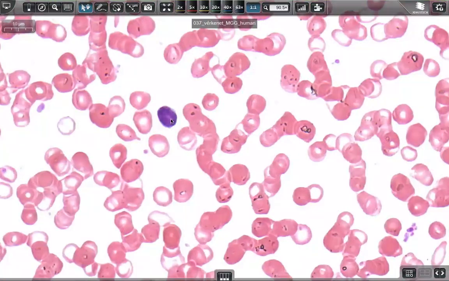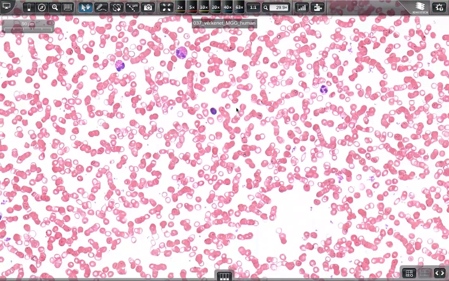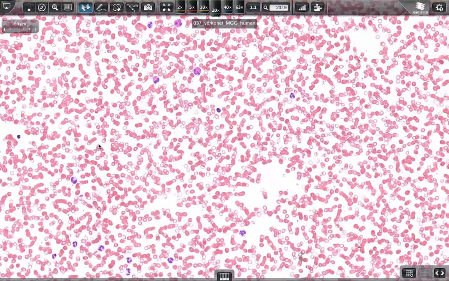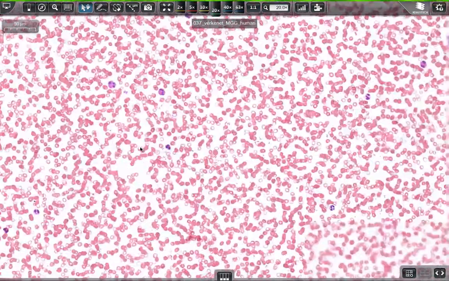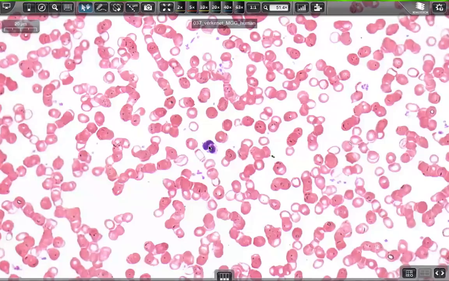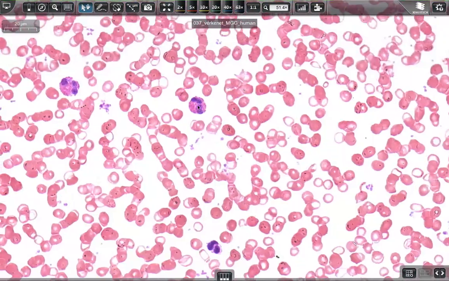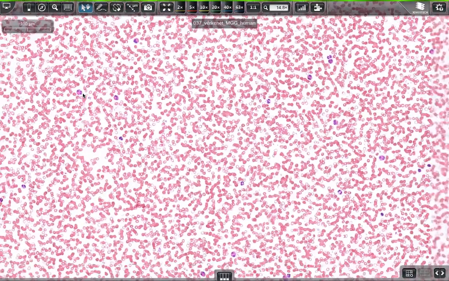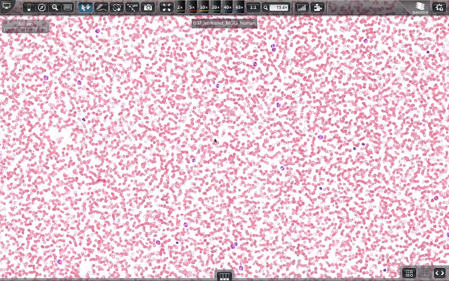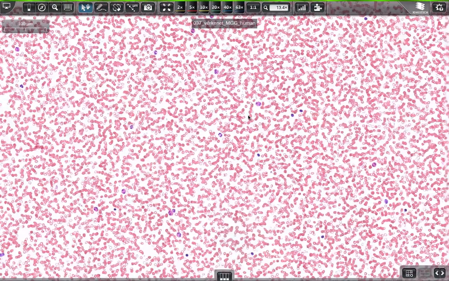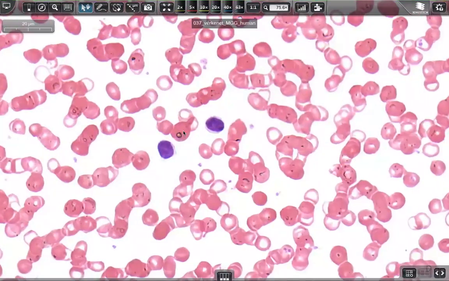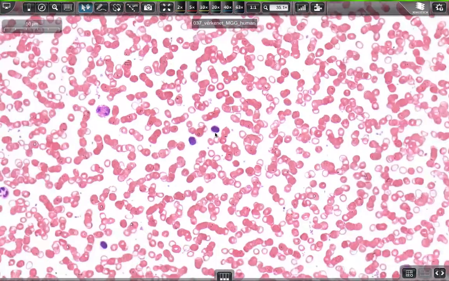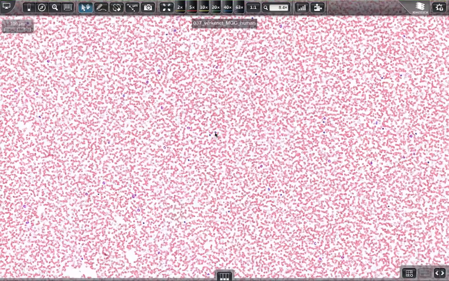That is a lymphocyte because its size is quite similar to the RBCs. So neutrophil, eosinophil. No, I don't want to waste the time finding the basophil. Okay, now let's move on.